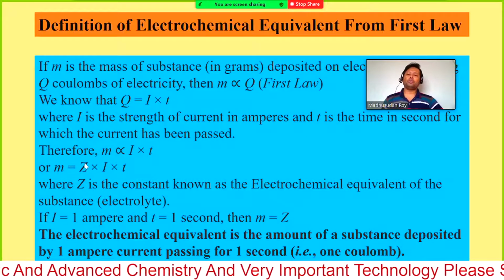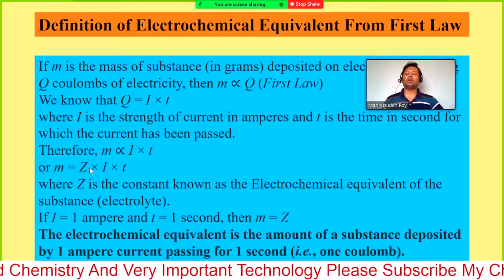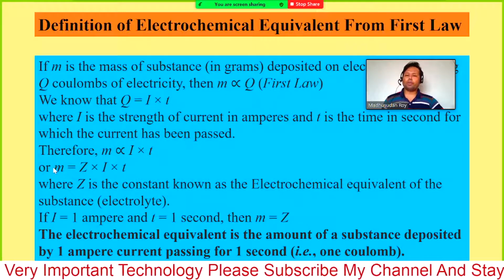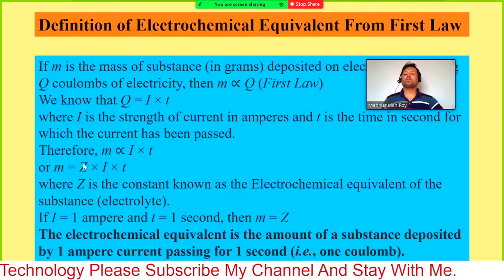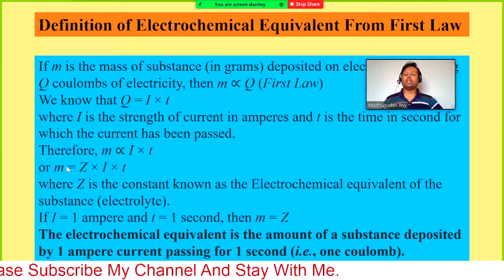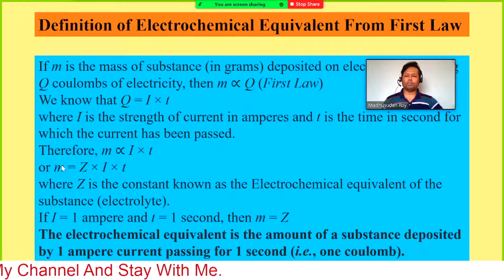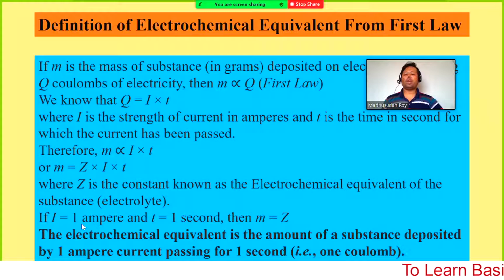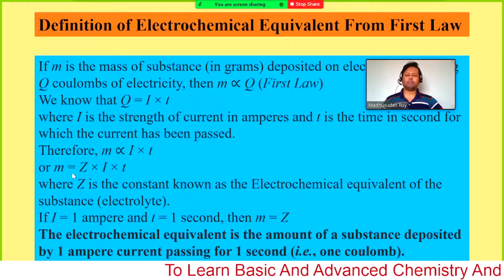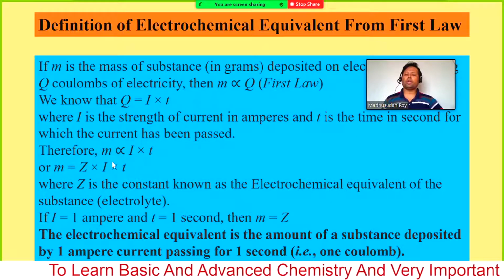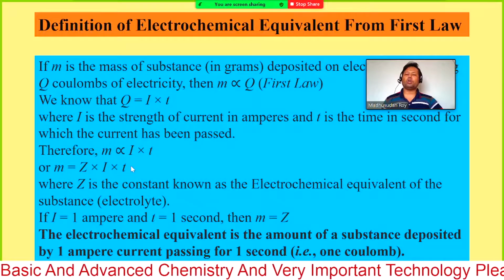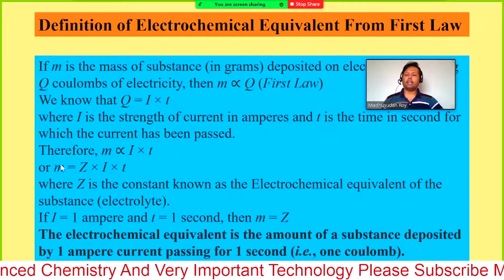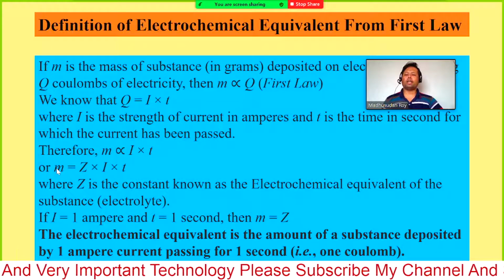That is the constant. Now we can define the proportionality constant or electrochemical equivalent from this equation. If you consider that the amount of substance deposited is 1 gram, where Z is the constant known as the electrochemical equivalent of the substance, if I equals 1 ampere and t equals 1 second, then m equals Z. That means if you put I equals 1 ampere and t equals 1 second, then m equals G, or G equals m, we can consider.